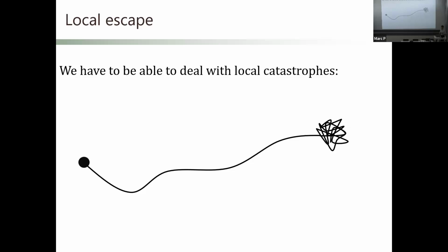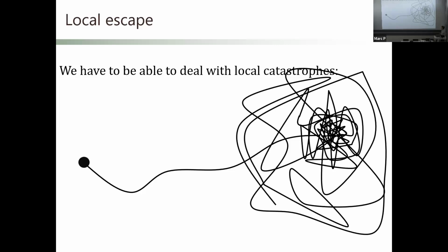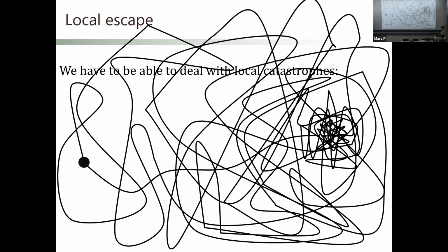It could be that its past very strongly affects what happens next. And if we don't have control over what it does next, maybe this tangle keeps growing and growing, and eventually comes back to its starting point, and you close off a cycle. Okay, so this would be bad for us.